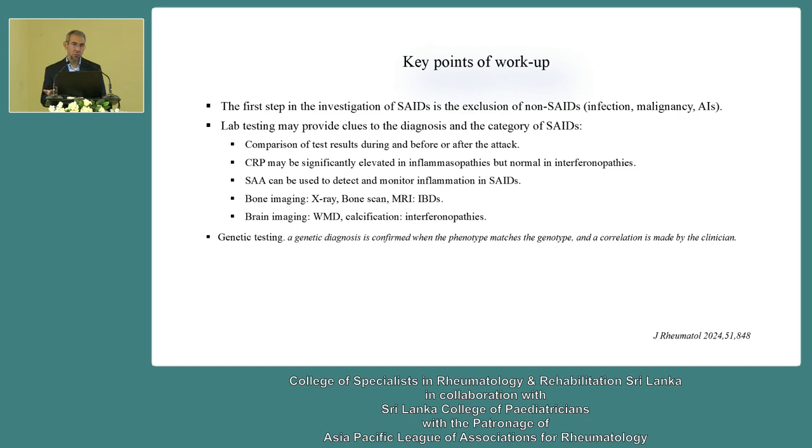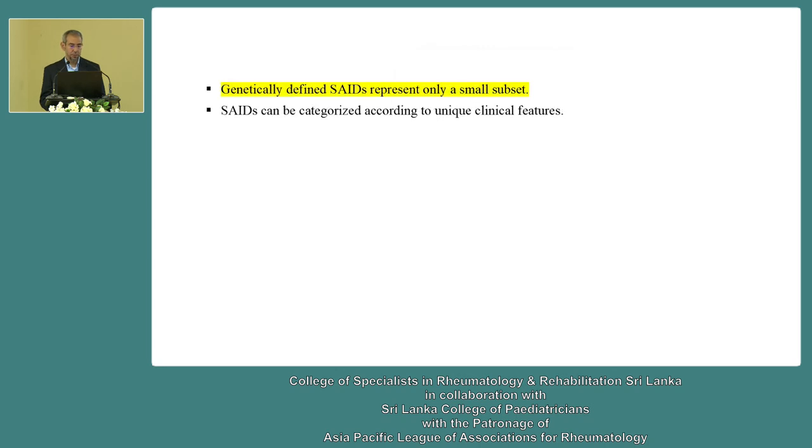If it's well known, this is easy to consider and to make a diagnosis. You need to remember also that genetically defined systemic autoinflammatory diseases represent only a small subset. So most of the autoinflammatory diseases have no genetic test positivity yet. However, with time, people will probably be able to find more and more.